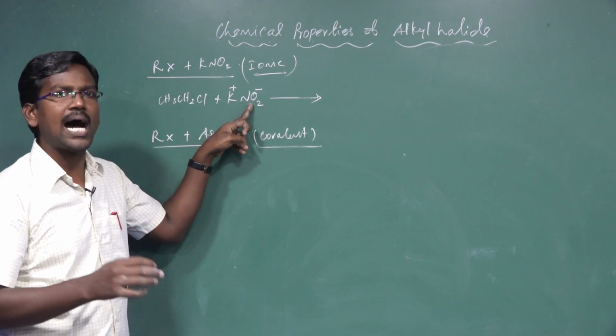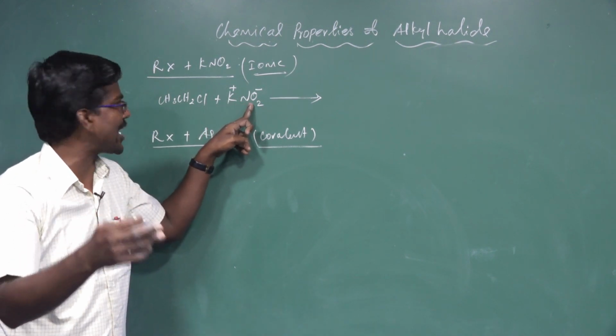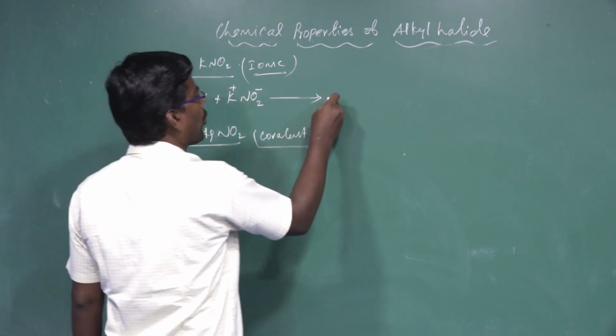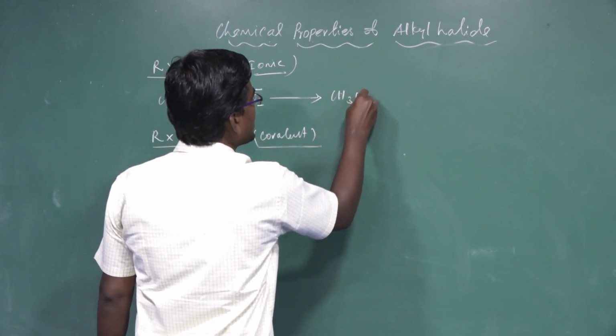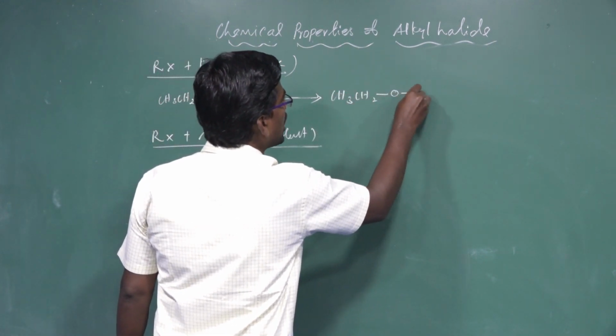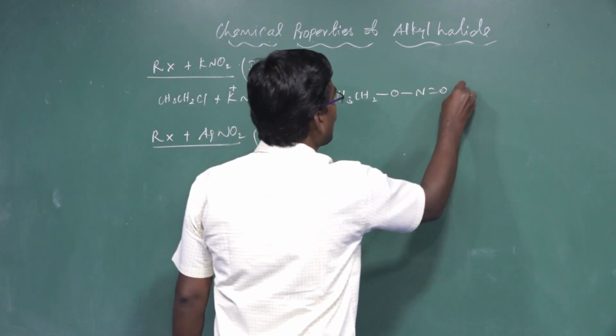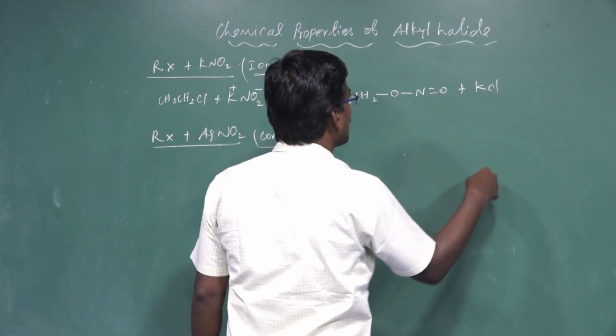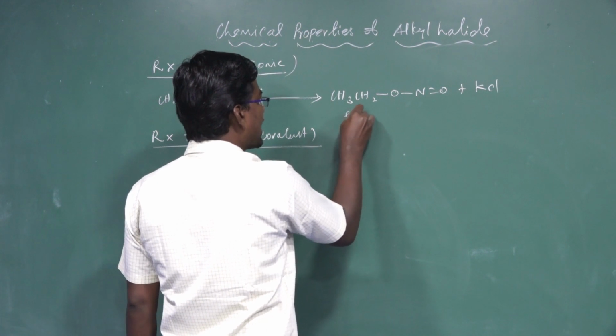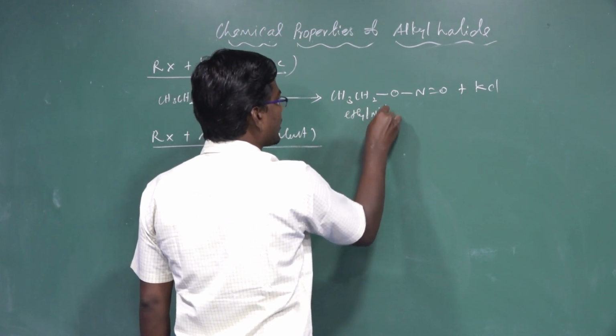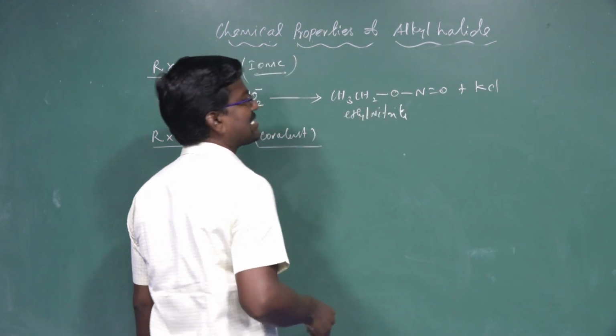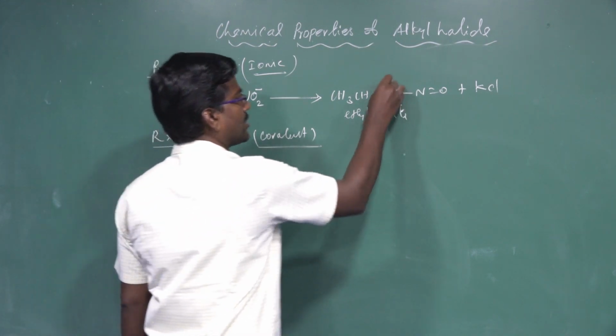Compared to nitrogen, oxygen preferentially donates its lone pair of electrons to the methylene carbon to form CH3CH2O-N=O plus KCl removed. This is called ethyl nitrite. Ethyl nitrite is formed.